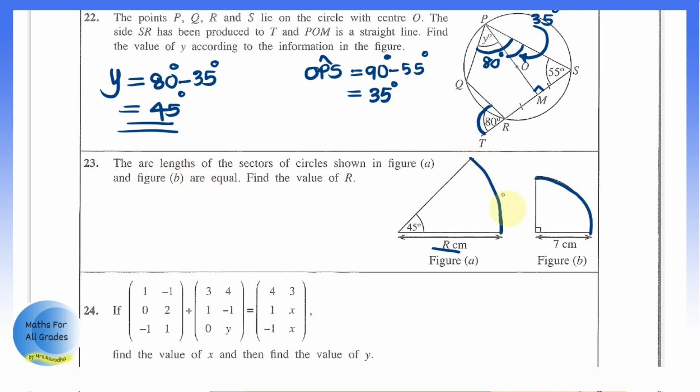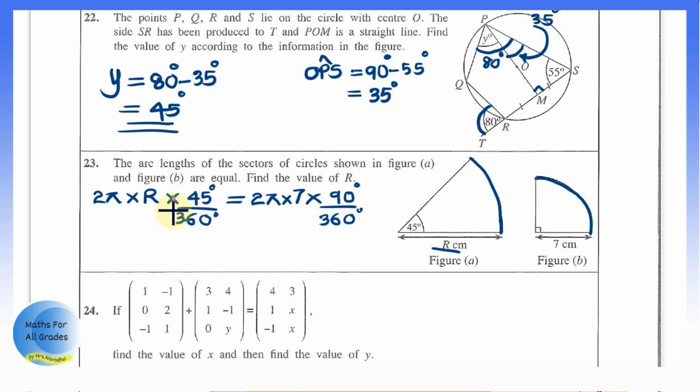How can we find this length? 2 pi r, where r means radius. I'll take this capital R times 45 degrees out of 360. So this arc length equals this arc length, 2 pi r. Here r is 7 centimeters. I'll substitute that r. The angle is 90 degrees out of 360.